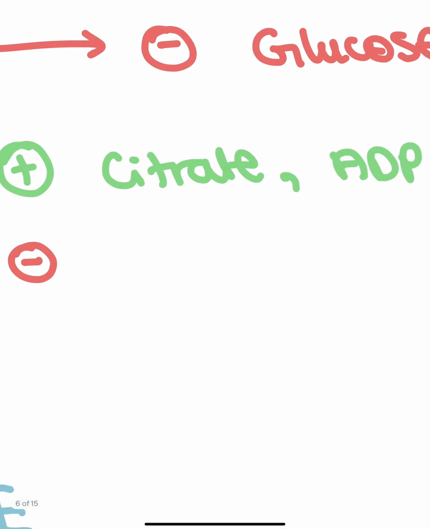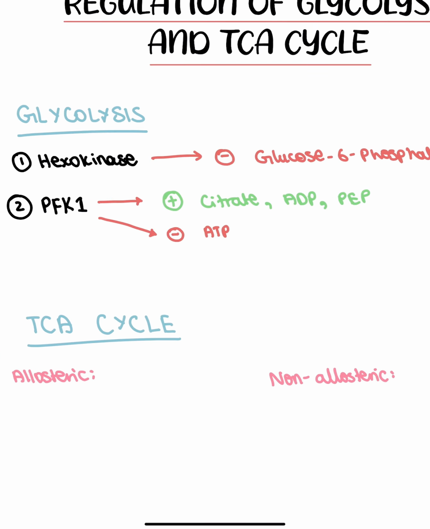Inhibitors include ATP, and that's because if we're making too much energy, then phosphofructokinase is not going to continue. ATP is our first inhibitor. It's also inhibited by AMP, and AMP is also one of those energy releasing sorts of things. So we don't want more energy because we don't want to continue on with glycolysis using phosphofructokinase 1.